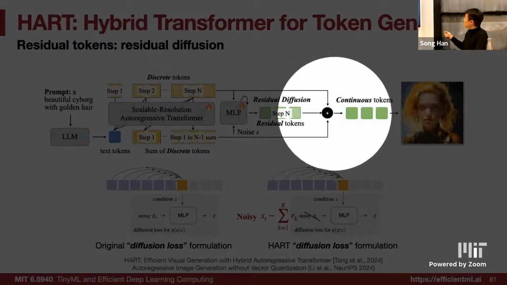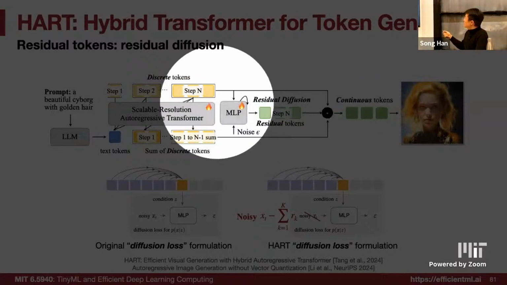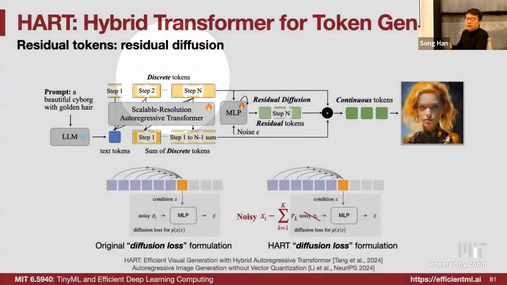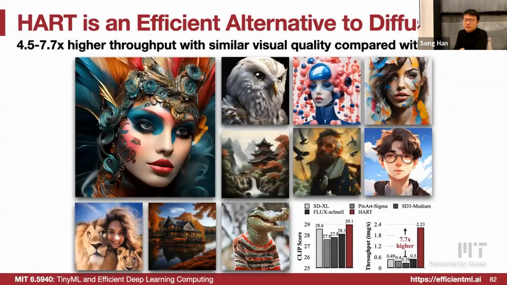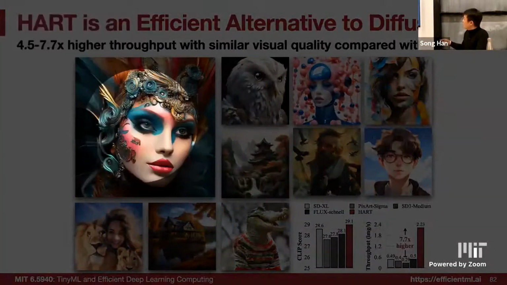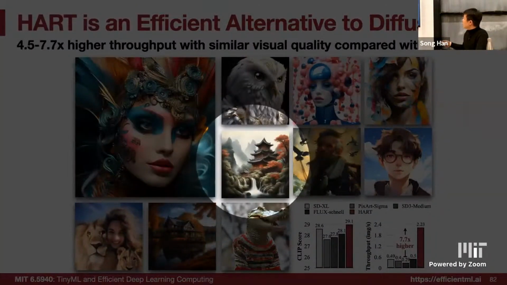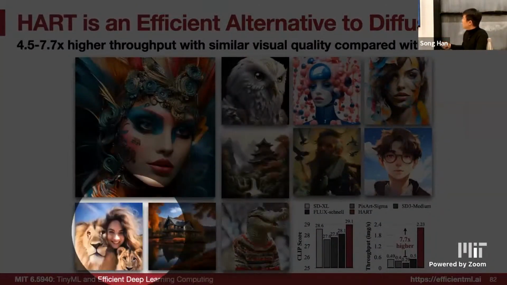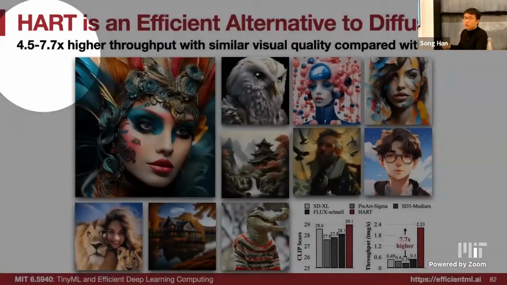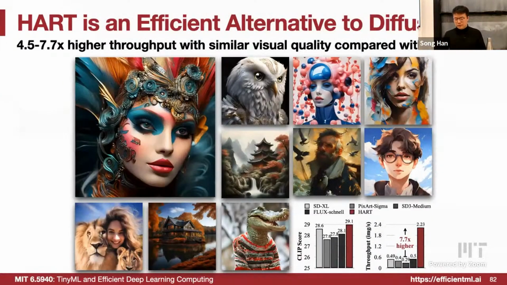Finally, we add the residual tokens with the original discrete tokens to get a final output. That's how we achieve such high fidelity visual generation, and also very high throughput.